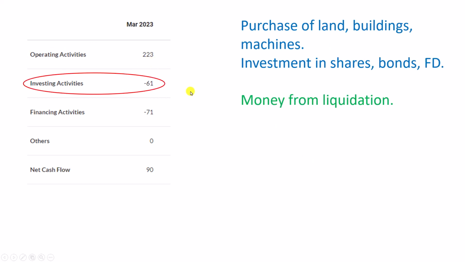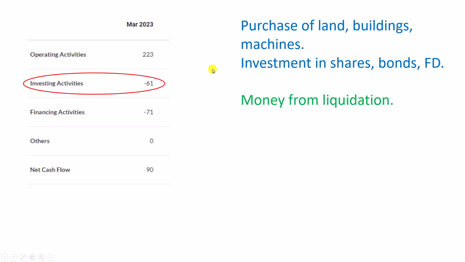Next is investing activities. See, why are you learning this course or why are you watching these videos of mine? So that you can invest your money and grow it. Correct? To grow your money, you have to invest it. Similarly, if the company has to grow, it has to invest.